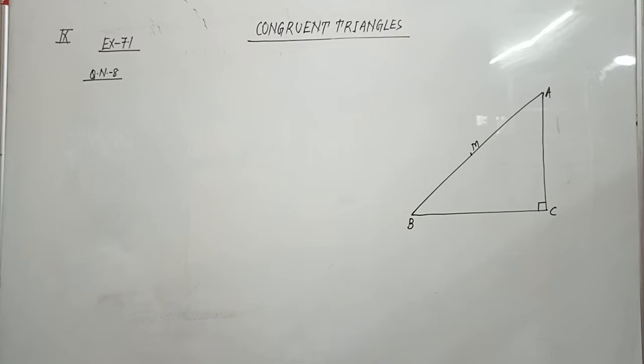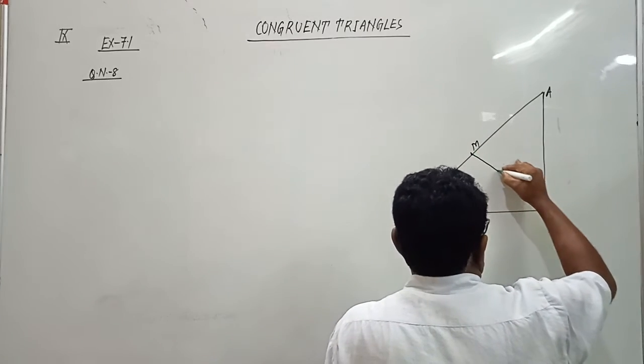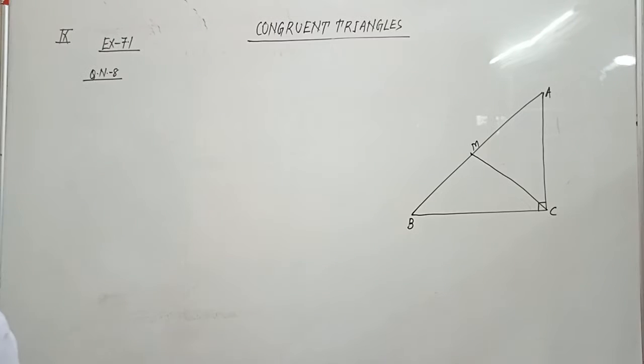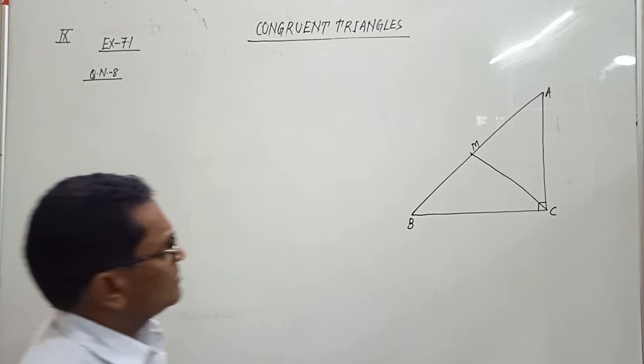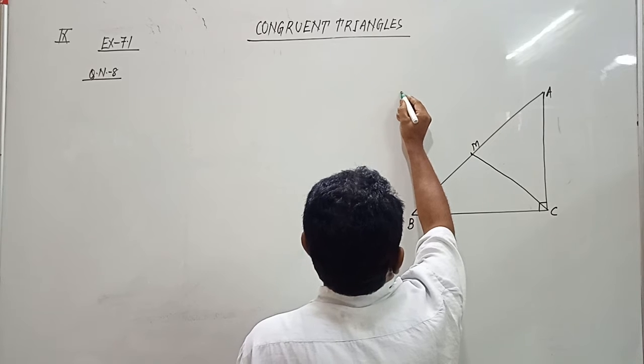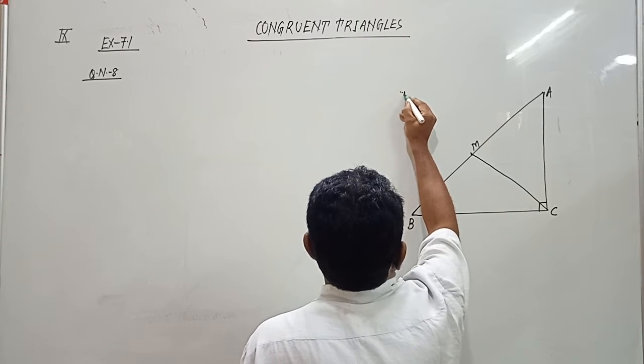Then C is joined to M and produced to a point D such that DM equals CM.